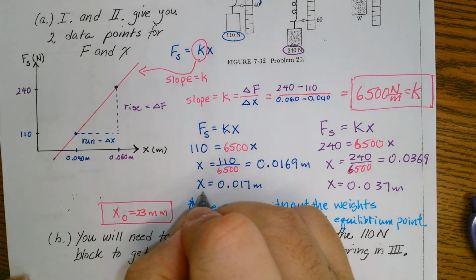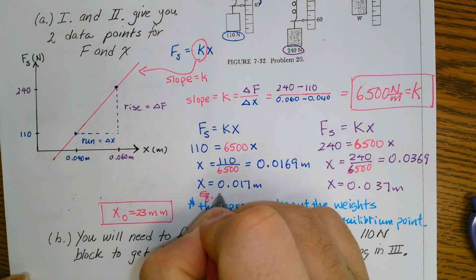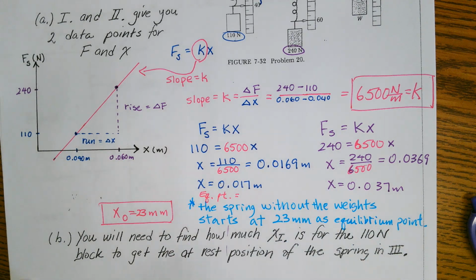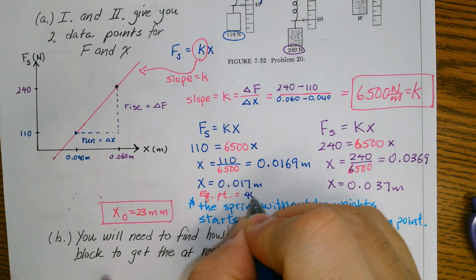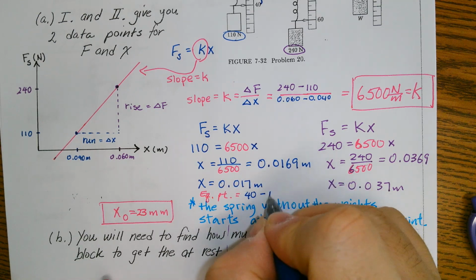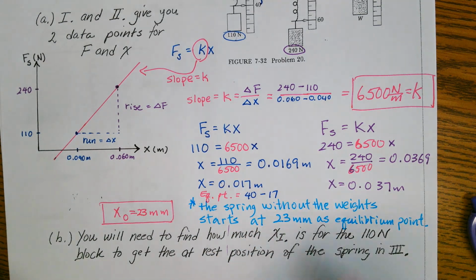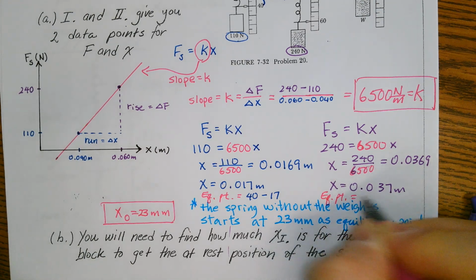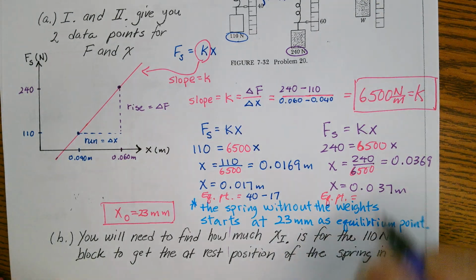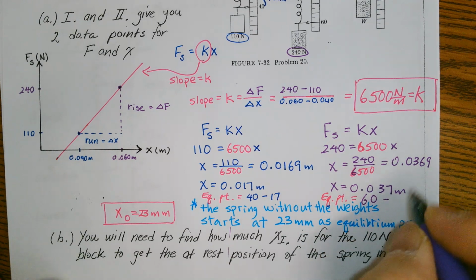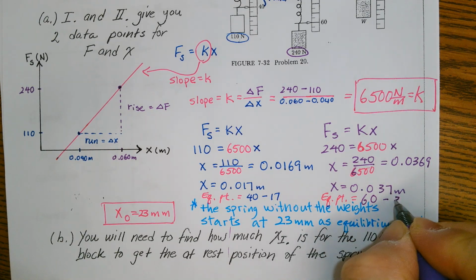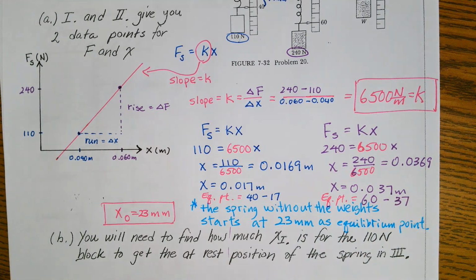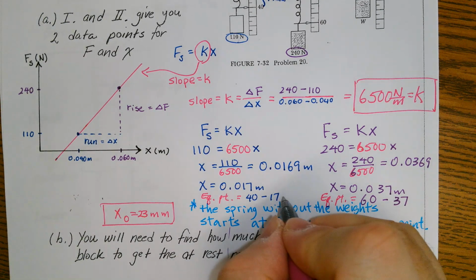So here, I guess EQPT is equal to 40 minus 17. And then for this one, I guess EQPT is equal to 60 minus 37. And they both come out to be 23.